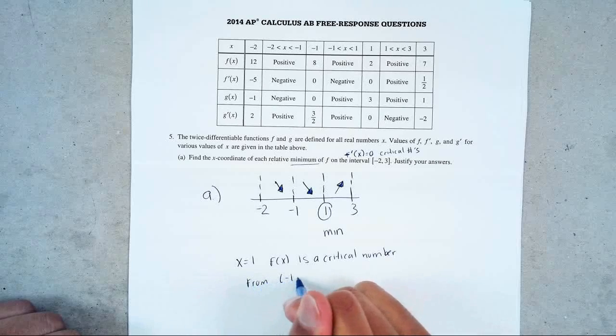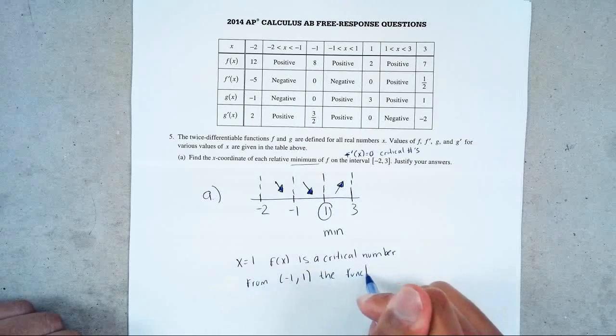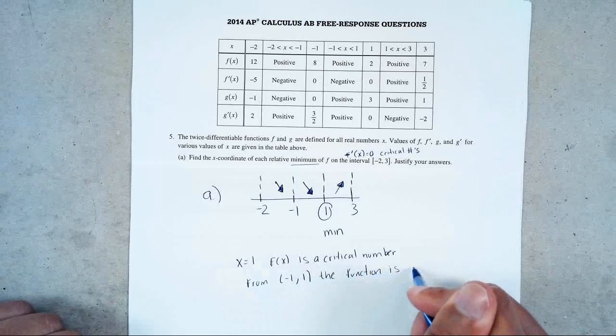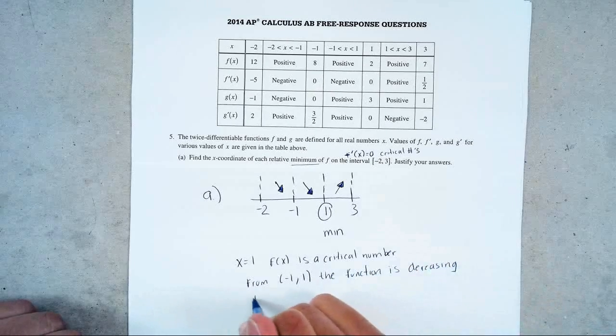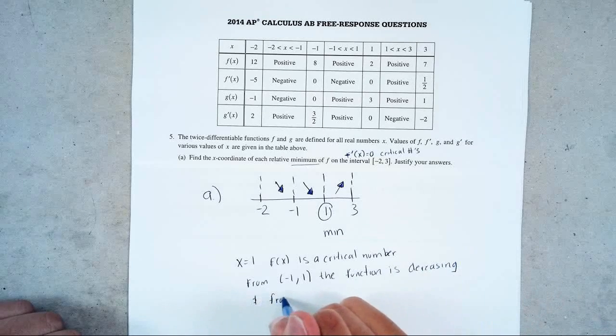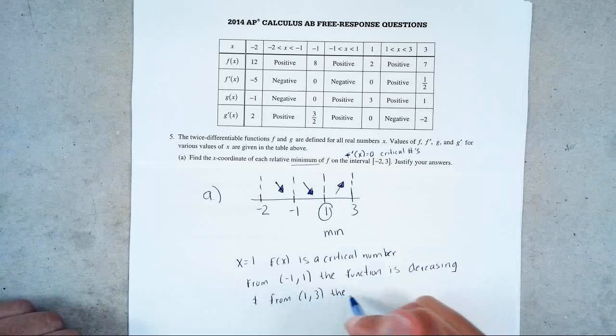From -1 to 1, the function is decreasing. And from 1 to 3, the function is increasing.